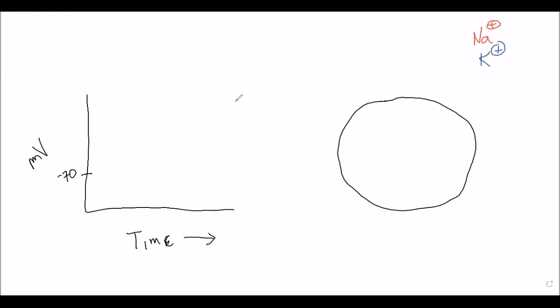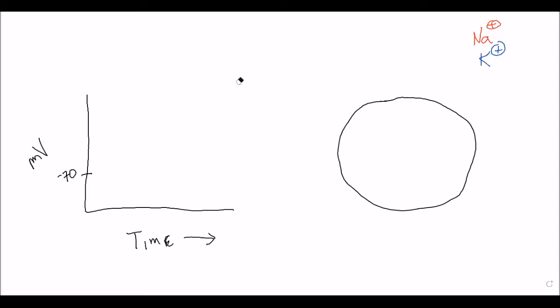Okay. So right now we have a resting potential. I'm going to try and make this all color coded for you guys.